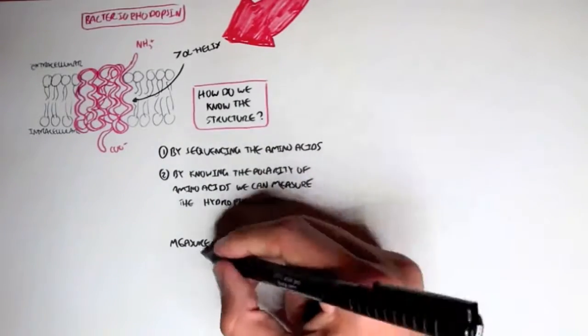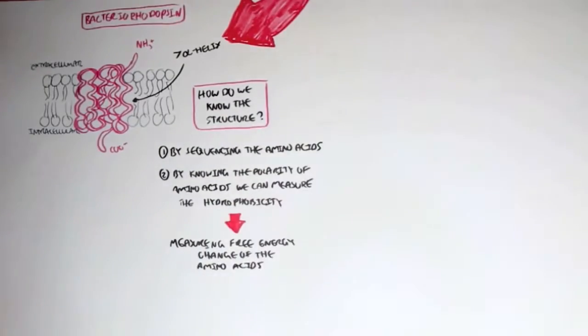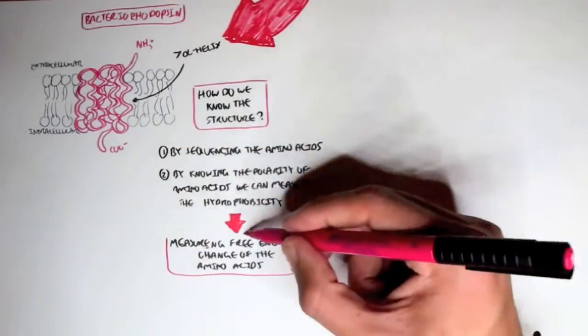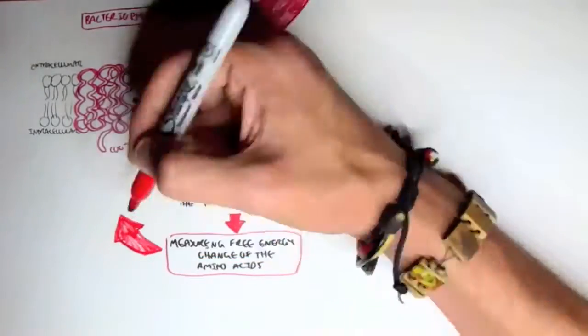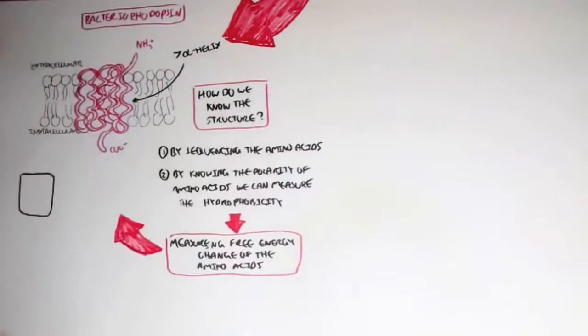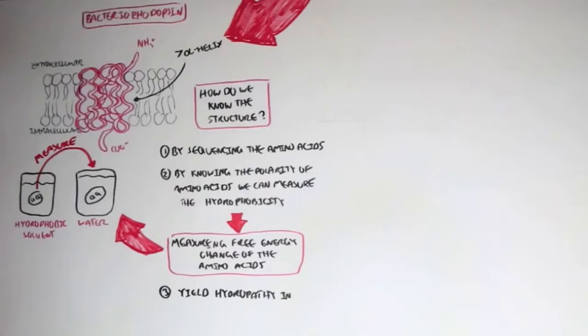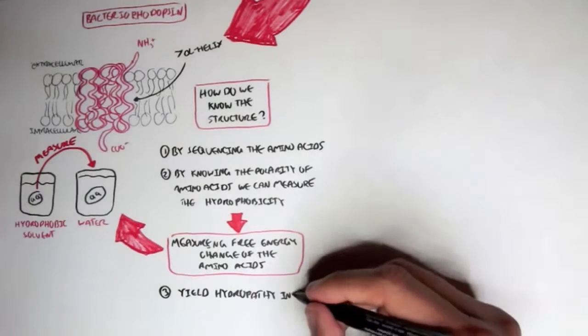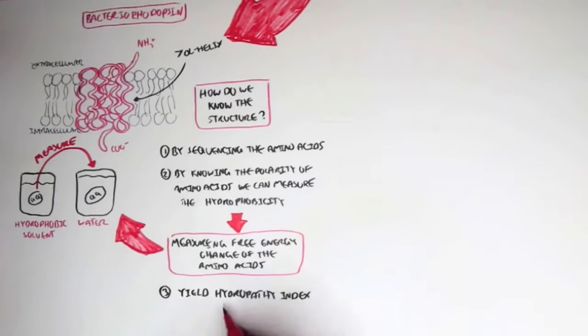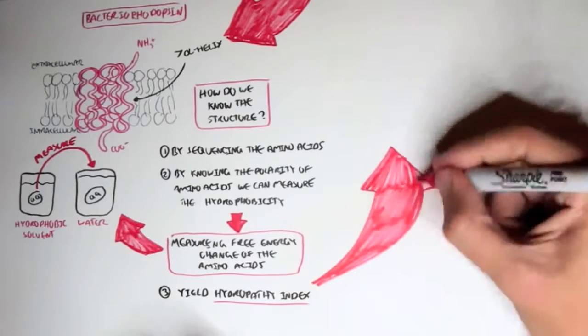So for example, to measure the hydrophobicity, we can do this by measuring the free energy change of an amino acid when we move a particular amino acid from a hydrophobic solvent to water. And by measuring this hydrophobicity, we yield a hydropathy index of each amino acid in that whole protein structure in the membrane.